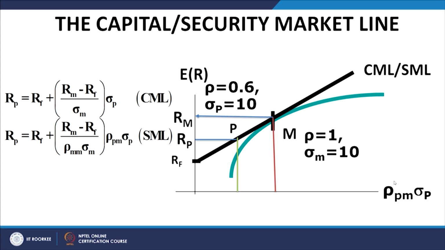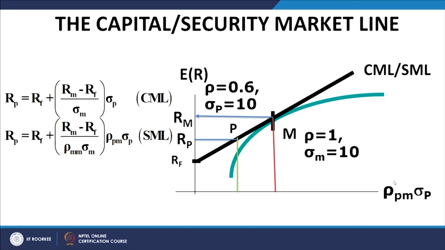with the y axis representing the expected return. This is so because for the portfolios that lie on the capital market line, the correlation between any portfolio that lies on the capital market line and the market portfolio is 1. So, whether you write sigma p or rho sigma p in the CML, it would amount to the same thing, because rho is equal to 1 for any portfolio that lies on the capital market line.